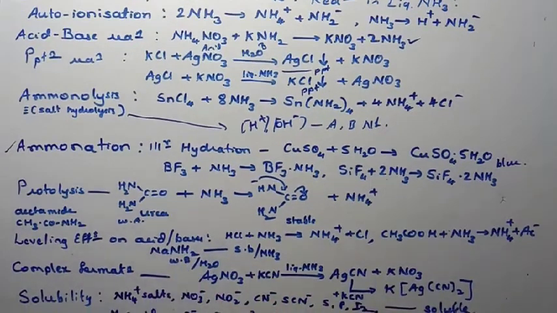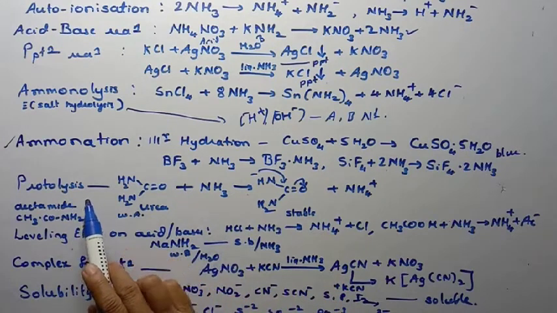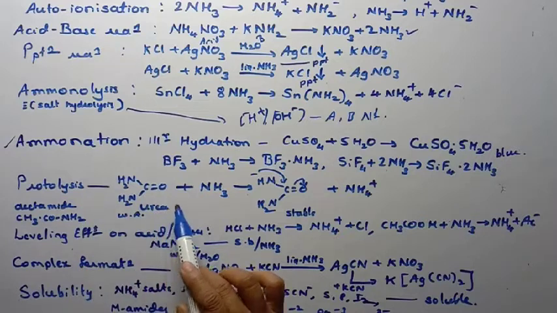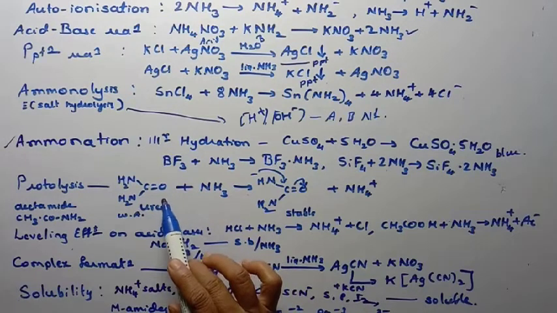Proteolysis means there are certain compounds which do not produce protons in water, but they donate protons in the liquid medium. For example, urea. Urea does not react with water; it doesn't undergo ionization or donate protons in water.